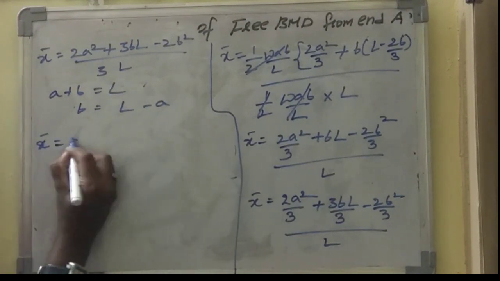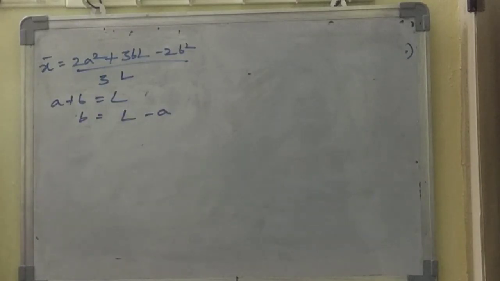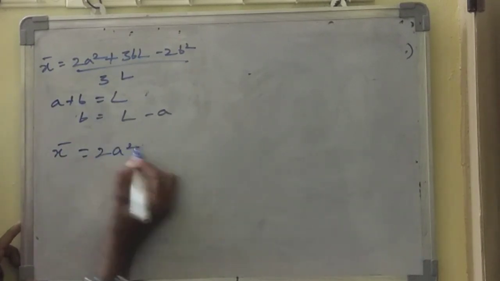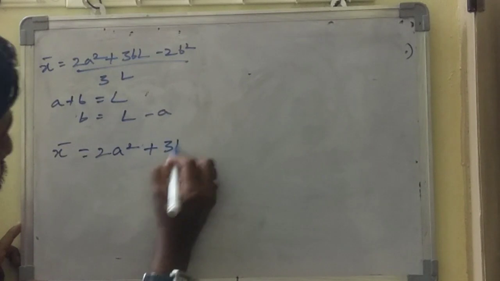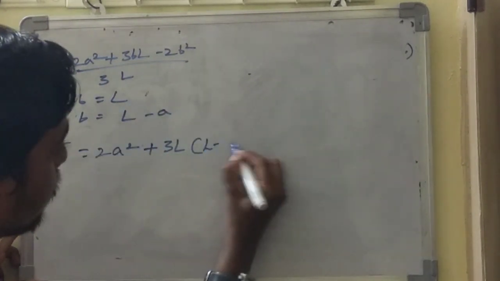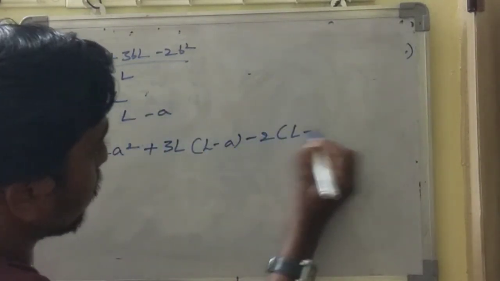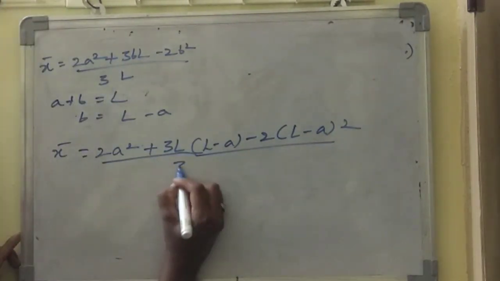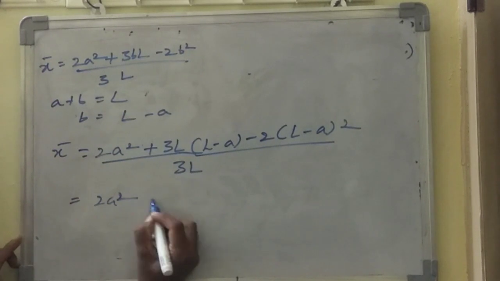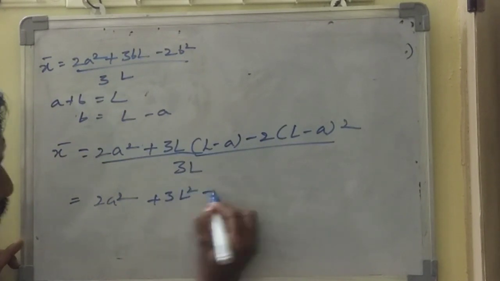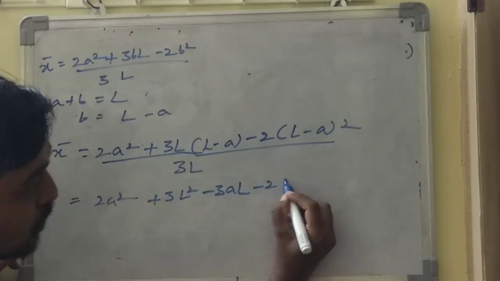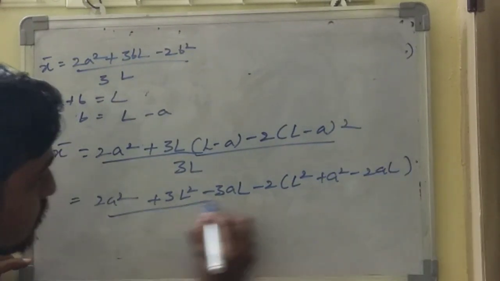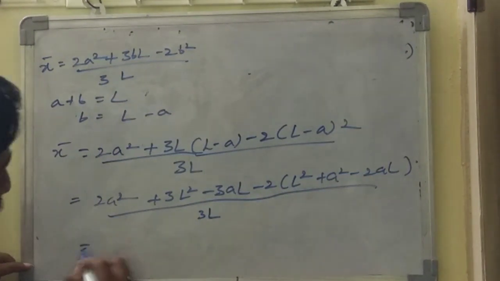So therefore x bar equal to 2A². Substitute L minus A here. x bar equal to (2A² + 3L(L − A) − 2(L − A)²) / 3L, that is (2A² + 3L² − 3AL − 2(L² + A² − 2AL)) / 3L.